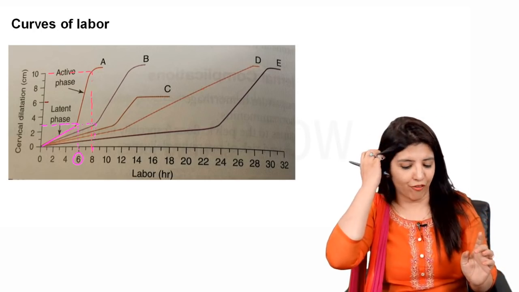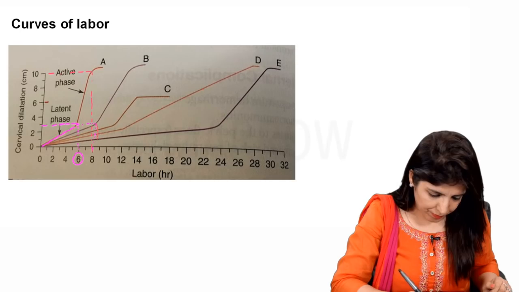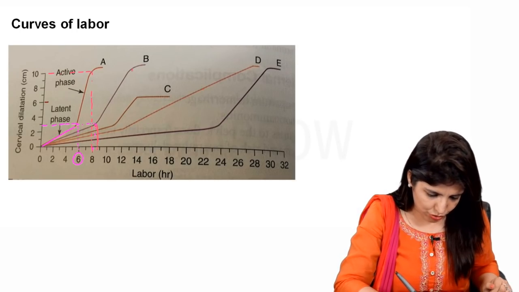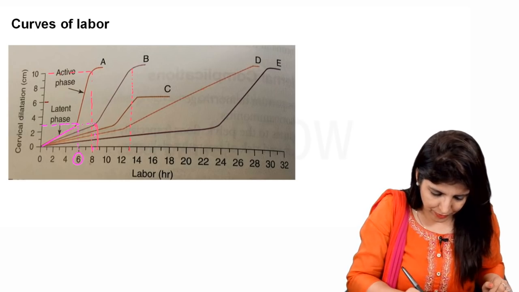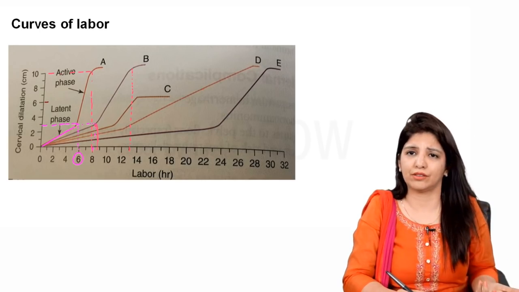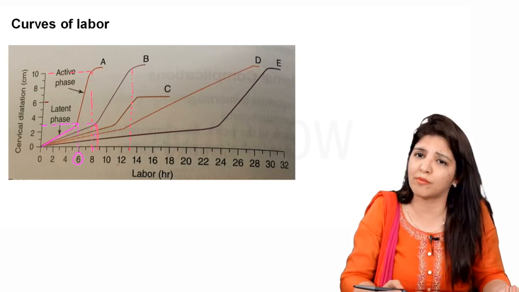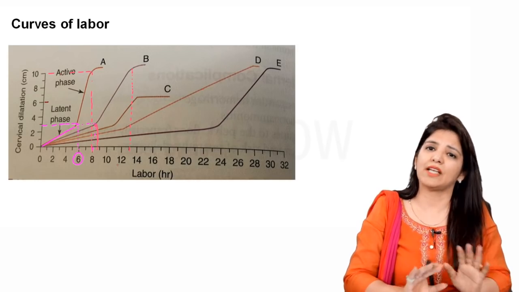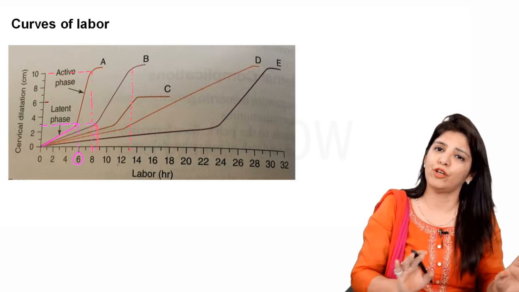Now look at graph B. In graph B, from 3 centimeters to 10 centimeters, how much time has it taken? So, approximately from 8 or 9 hours to 12 or 13 hours, right? So, that is approximately 4 to 5 hours. Again, that's normal, right? So, that means active phase is normal in graph A also and in graph B also.